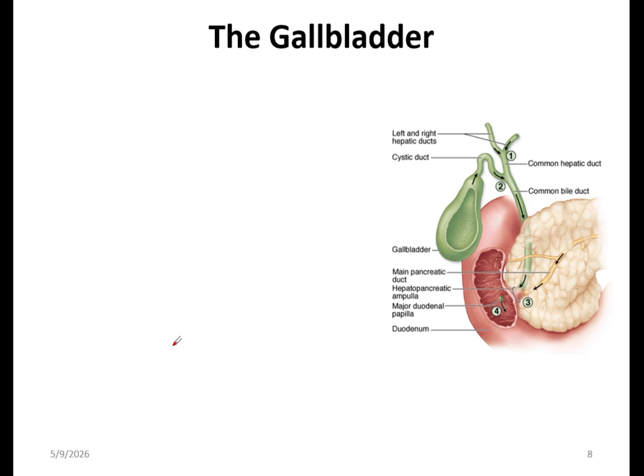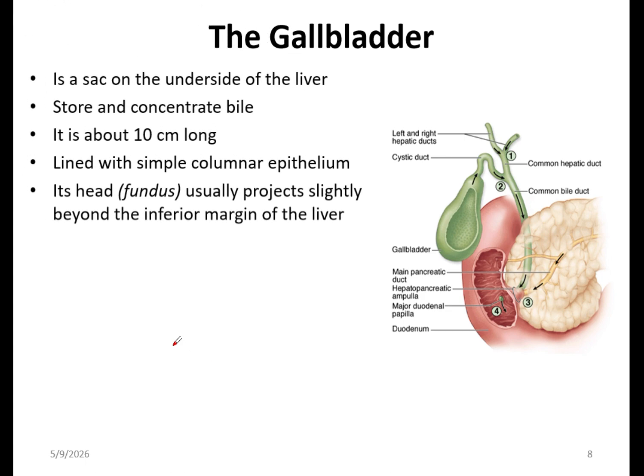It is a sac-like structure present on the underside of the liver, and it stores and concentrates the bile. It is about 10 centimeters long and lined with simple columnar epithelium.